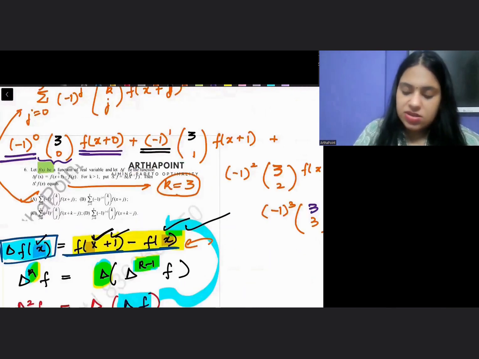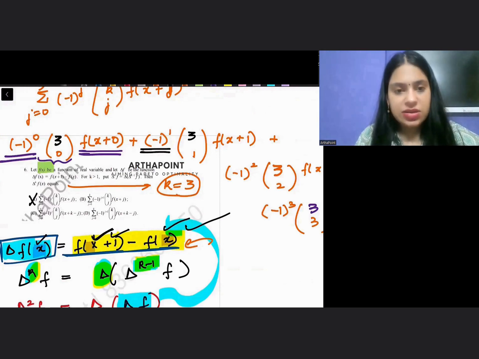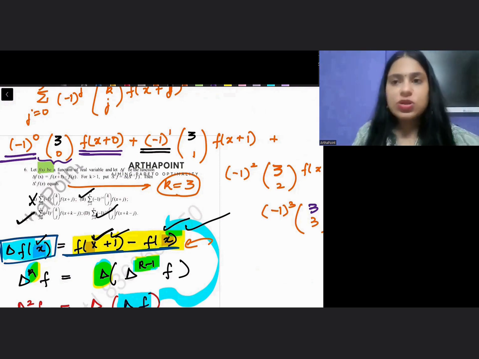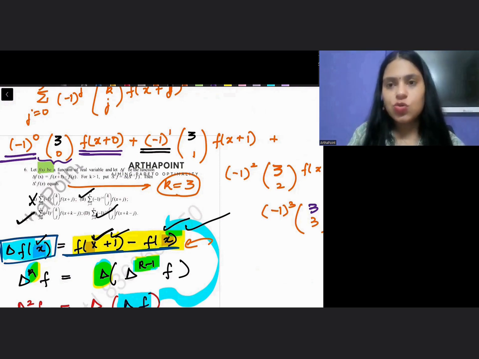So A is incorrect. I need to find something which is the reverse of A. I need to reverse the sign in these two middle cases. Then you can just try with B, C, D. Just put these values in. I'm leaving it to you.